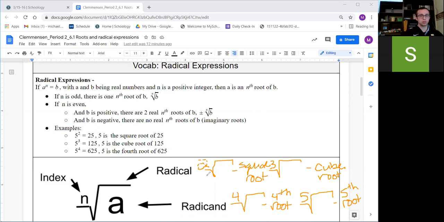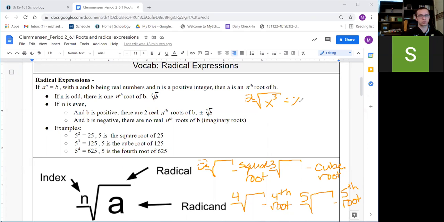I think that is what most people make a mistake on. One thing we can also do with these is that this radical connects in a way with our exponents. Let's say we had the square root of x to the third power. I can change this invisible 2 into an exponent by putting it as a fraction.